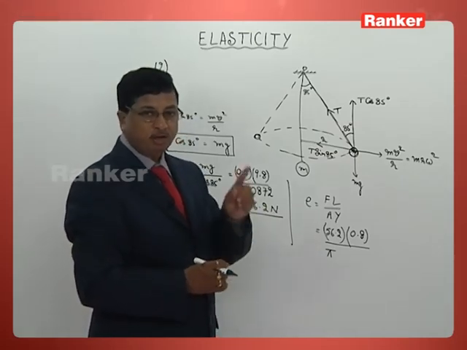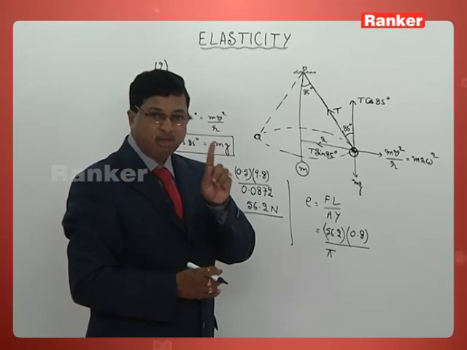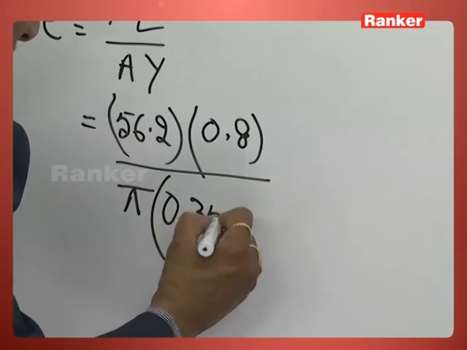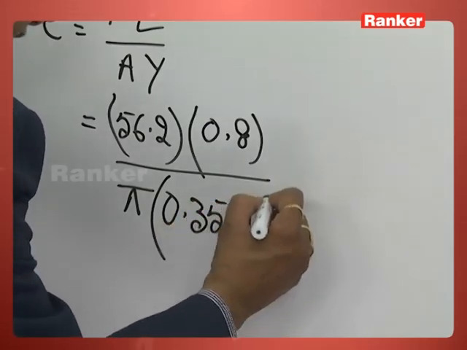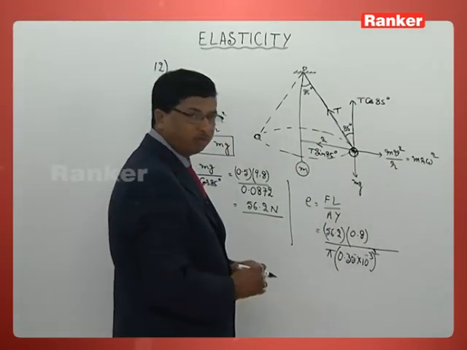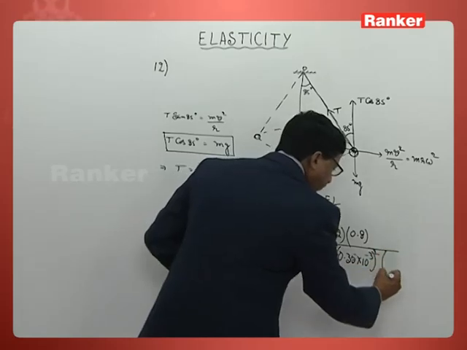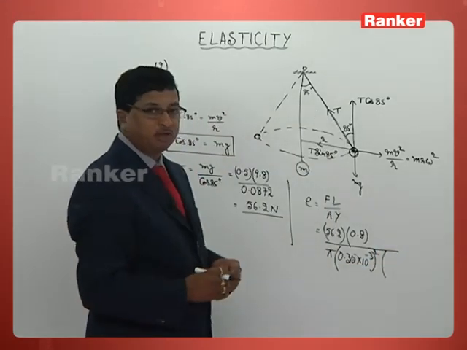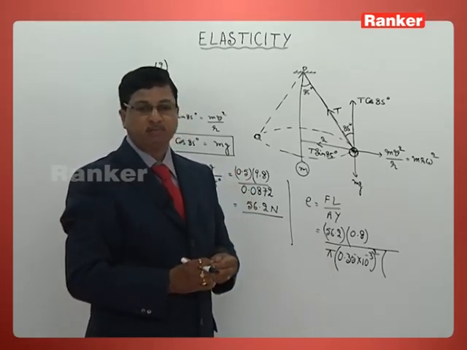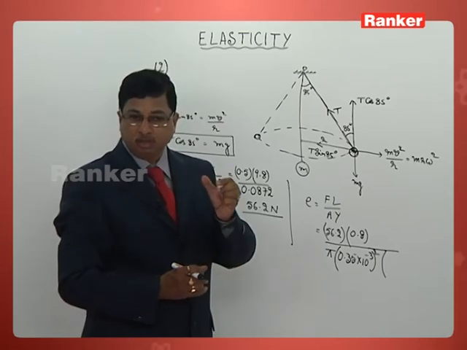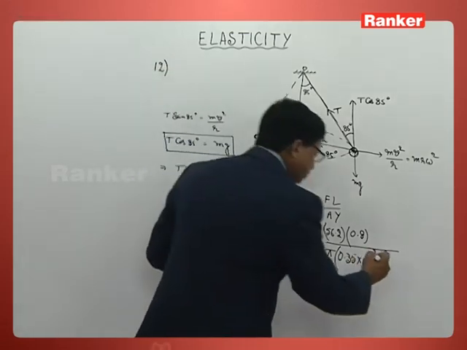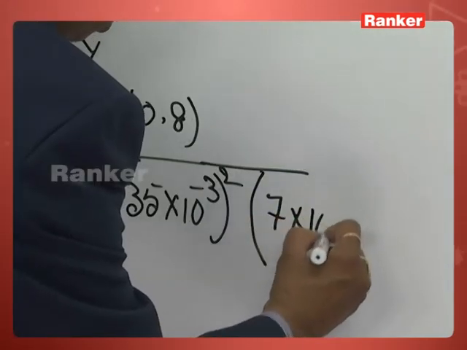Diameter is given 0.7 millimeter, so you can write 0.35 into 10 to the power minus 3 whole square. That is the area of cross section, into the Young's modulus value of the material of the string. He has very clearly given that Young's modulus of the material of the wire is 7 into 10 power 10. So write 7 into 10 to the power 10.